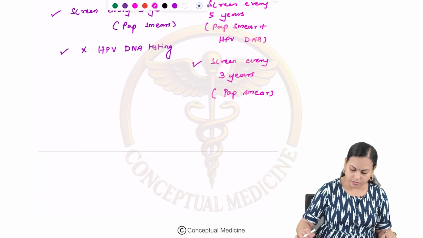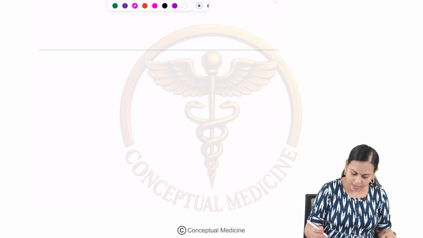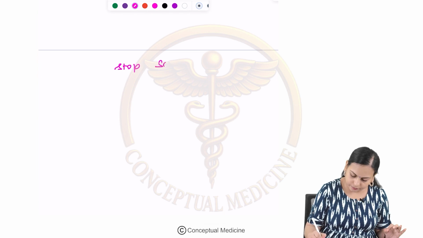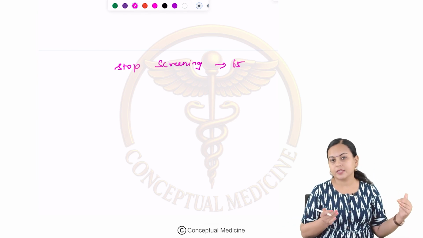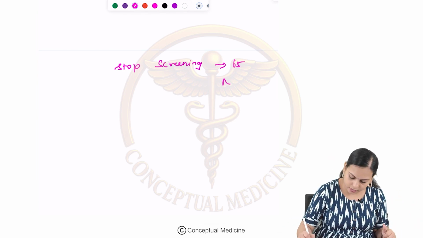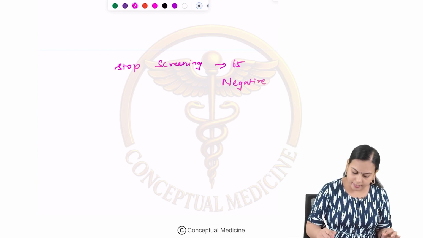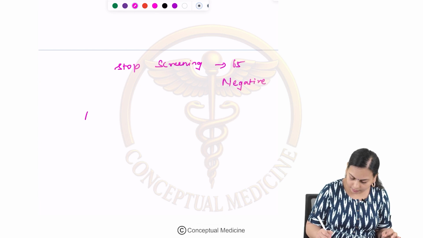So this is how you will continue screening, and you have to stop screening if she attains the age of 65 or all the previous smears taken so far are negative. And no screening is done after hysterectomy.